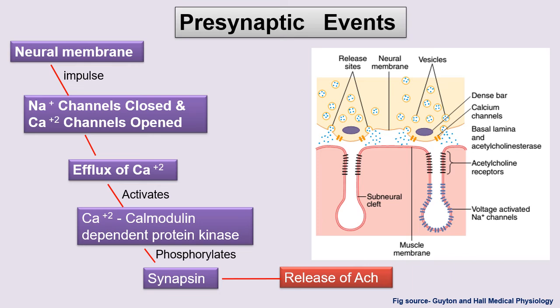The calcium ions are believed to activate calcium calmodulin dependent protein kinase, which in turn phosphorylates synapsin that anchors the acetylcholine vesicles to the cytoskeleton of the presynaptic terminal. This process releases acetylcholine vesicles from the cytoskeleton and allows them to move to the membrane adjacent to the dense bars. Here, the acetylcholine is released by the process of exocytosis.